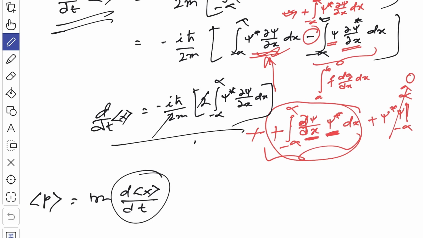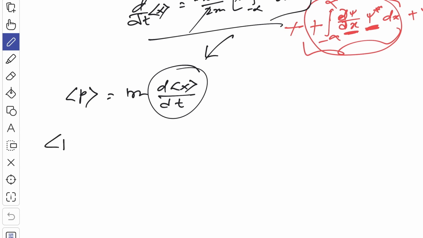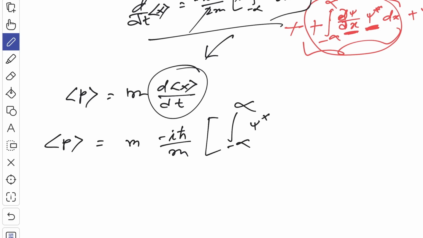Okay, so let us use here. So using this you will get minus i h cut by m only now, 2 gone, integral from minus infinity to plus infinity of psi star del psi by del x dx. Okay, so here m gone.